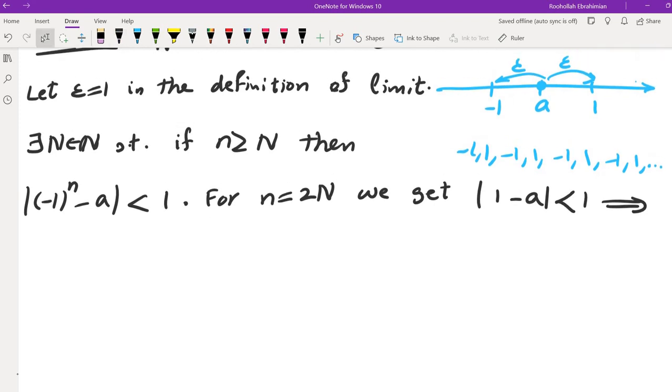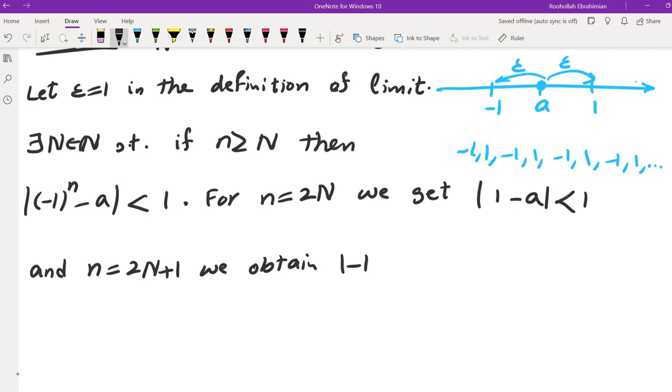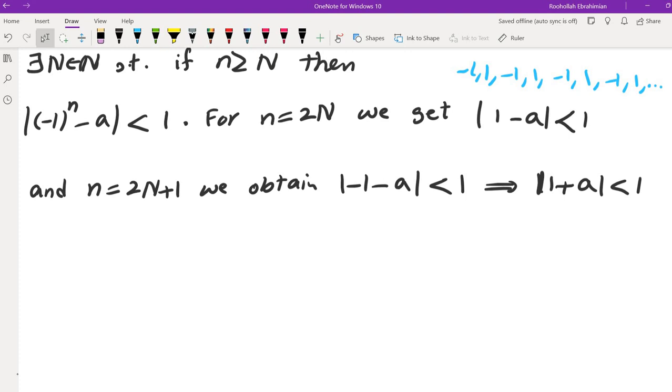And let me write down the same thing for n equals 2N plus 1. We obtain the absolute value of -1 minus a is less than 1, which gives us the absolute value of 1 plus a is less than 1. Now, we would have to show these two contradict each other.